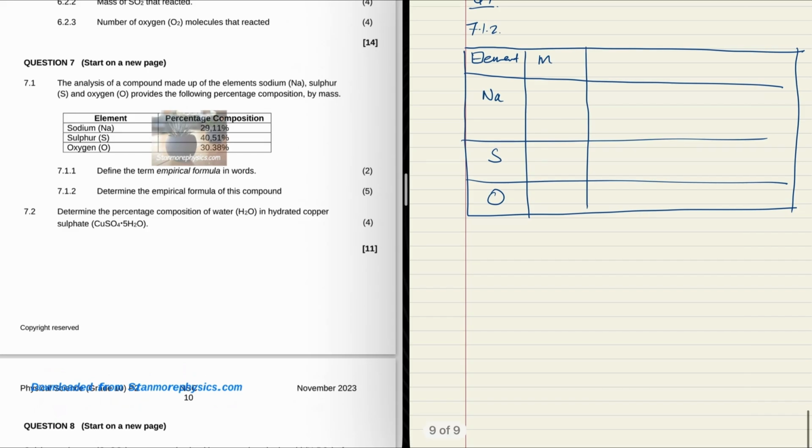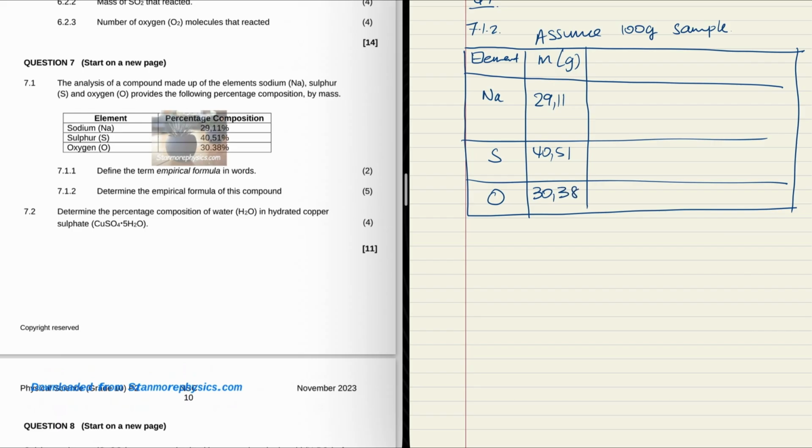Now we are going to assume a 100-gram sample. It just makes the masses easier to work out. So if I have 29.11% of sodium in a 100-gram sample, it means I have 29.11 grams of sodium. Then for sulfur will be 40.51, and then oxygen will be 30.38.